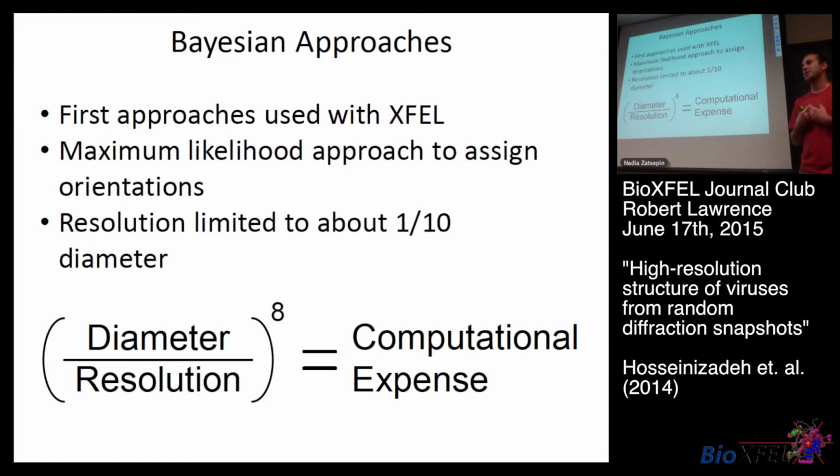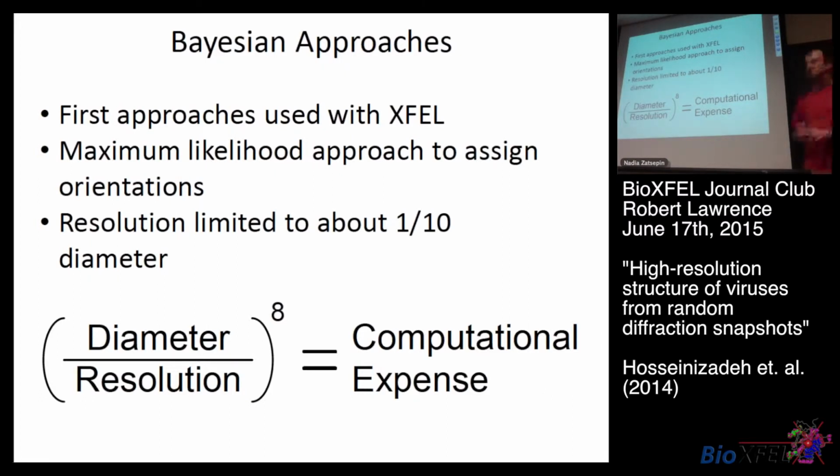In general, it's an algorithm that uses past experience to make a future prediction. The problem with this is that it's limited by computational power. So the resolution that we can obtain using these methods is limited to about 1/10 the diameter of the particle that we're looking at.